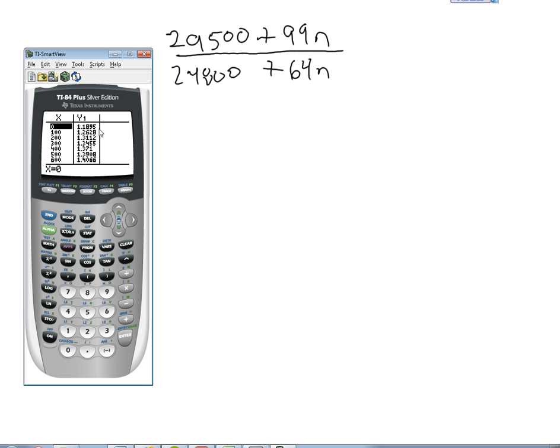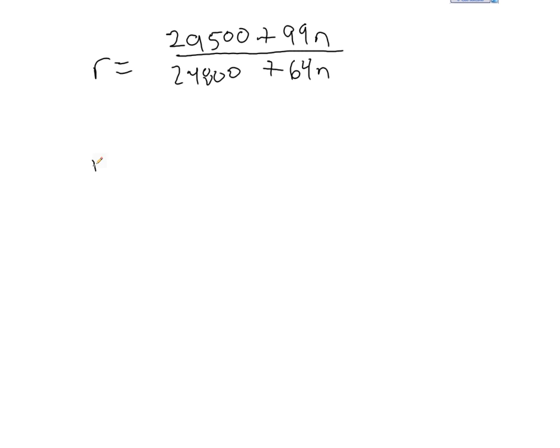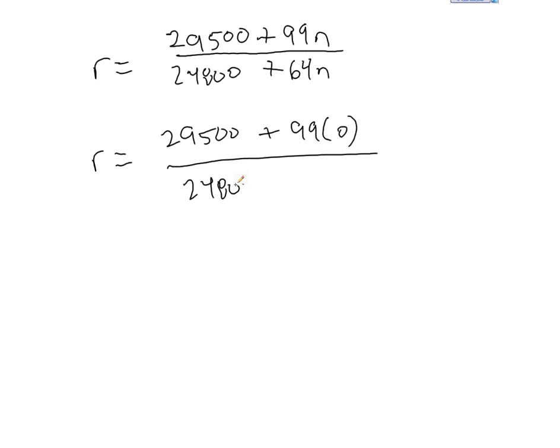If I sell 0 chairs, well, let's come back to the function for a second. I'll have a ratio of 1.19, or just about. So let's think about what that means. So R of 0 would be 29,500 plus 99 times 0 divided by 24,800 plus 64 times 0.